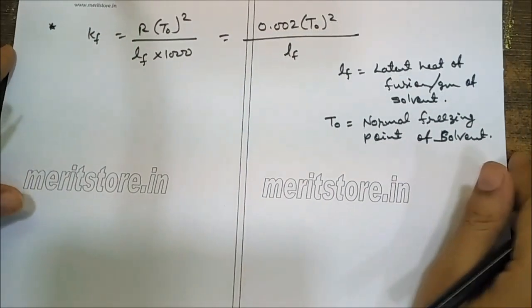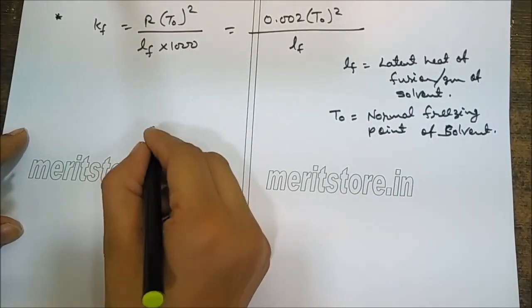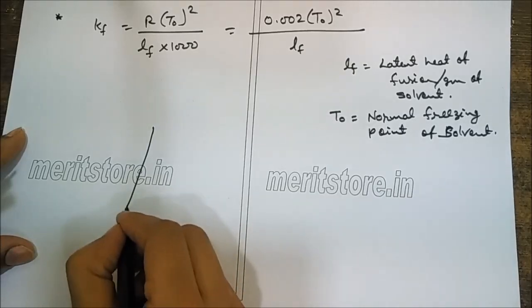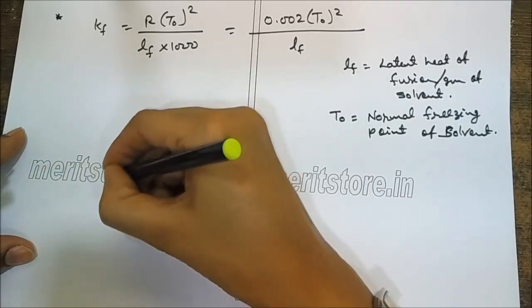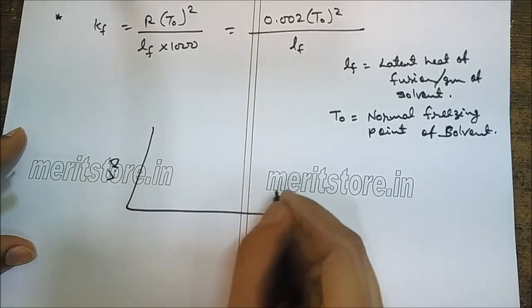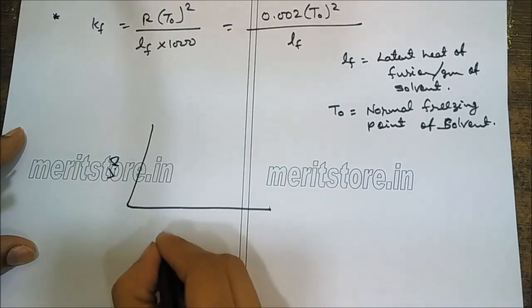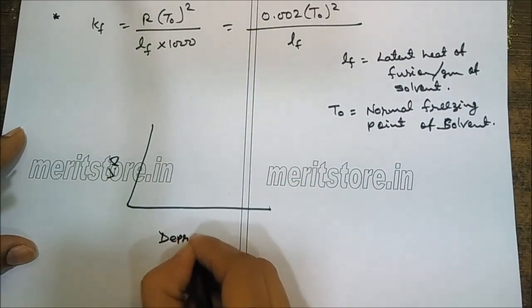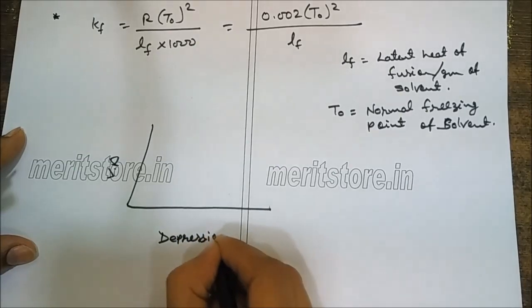We can draw a graph for the depression in freezing point. Here it is our vapor pressure on the y-axis, and here it is the temperature, that is depression in freezing point.